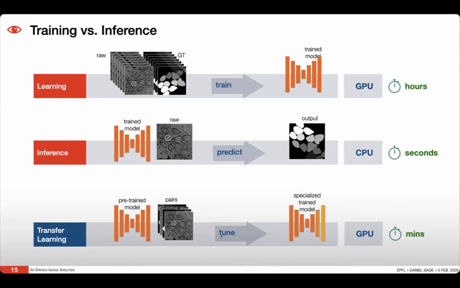What you have to do is just tune the model a bit in such a way that you obtain a specialized trained model for your application. In that case, you probably need a GPU in most cases, but it takes maybe minutes, or a few hours, depending on the task. Sometimes it could be very fast.